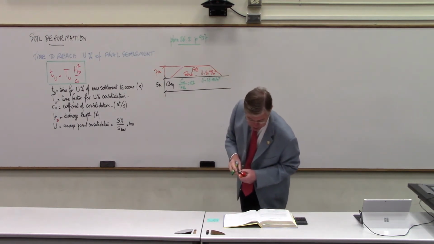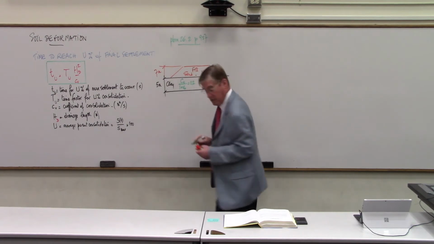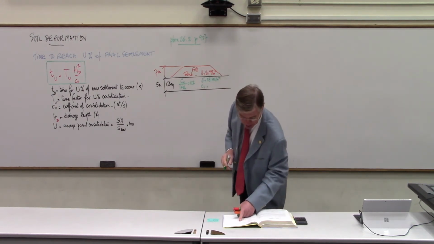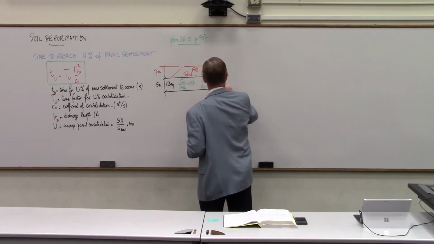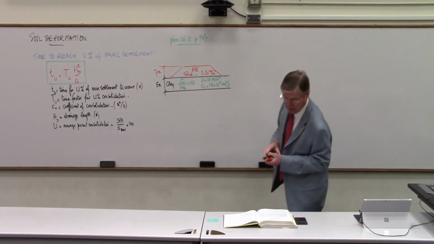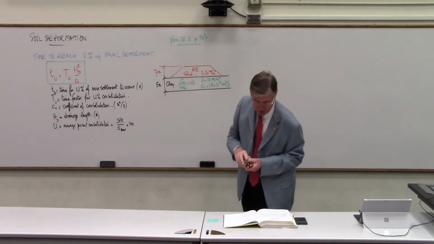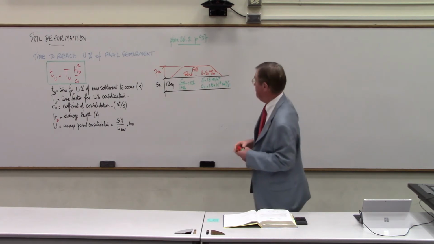And it has a coefficient of consolidation cv equal to 1.8 times 10 to the minus 3 centimeters squared per second. And a number of questions. What is the maximum settlement of the embankment?